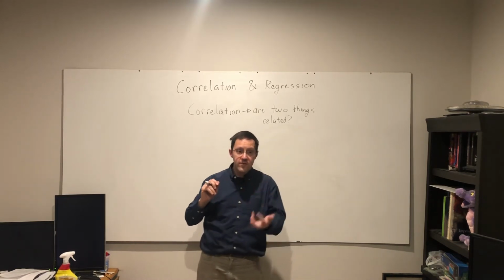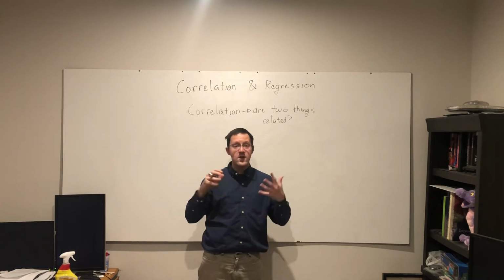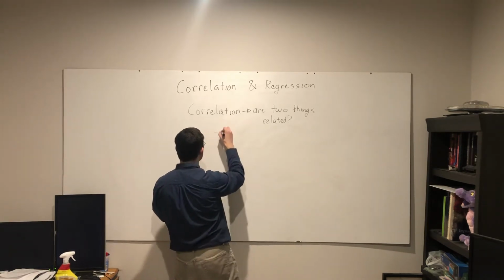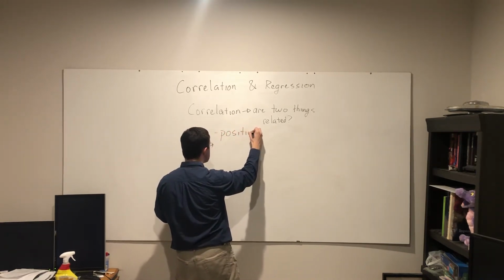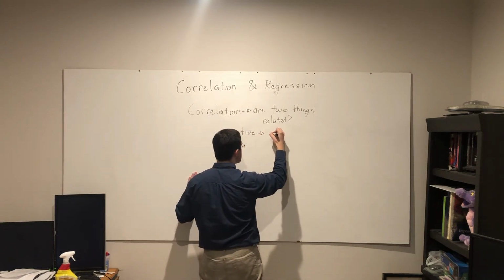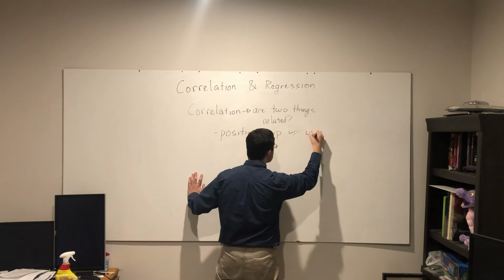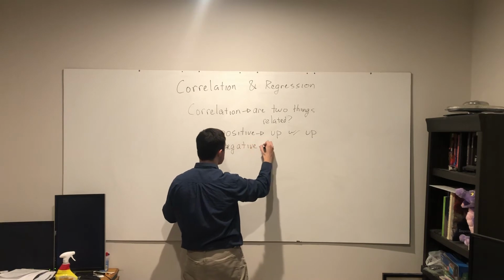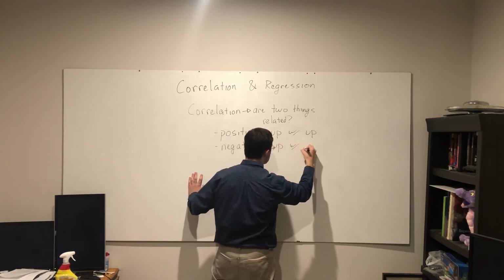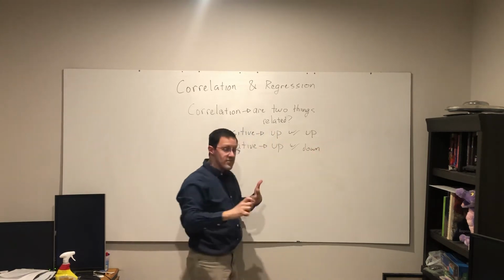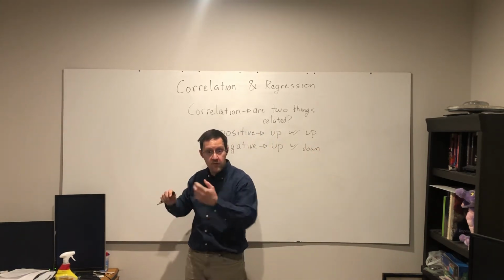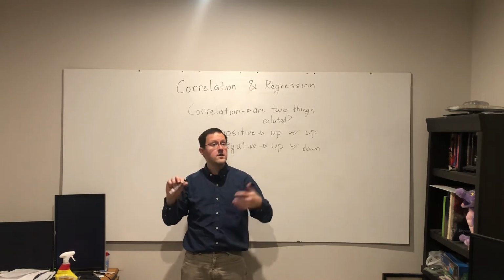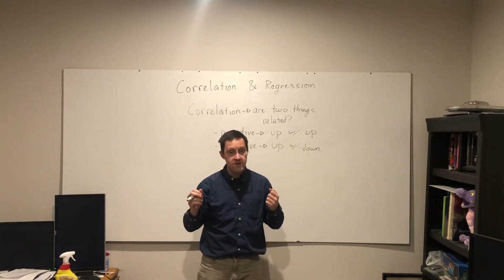So through these examples, we may be able to see a couple other general ideas that go along with correlation. Just as with spatial autocorrelation, a positive correlation is where they both go in the same direction. Negative correlation is when they go in opposite directions.